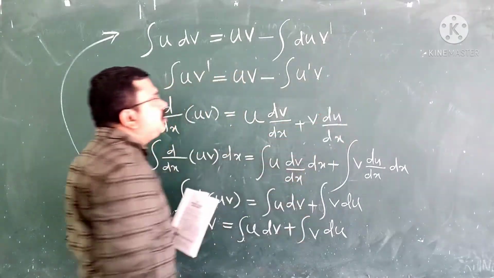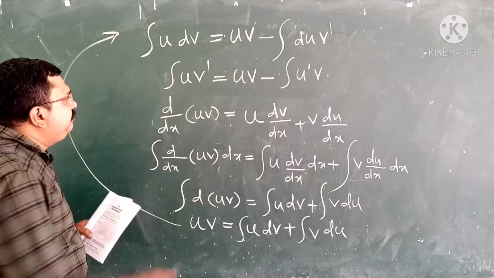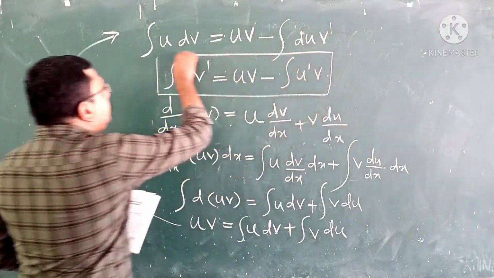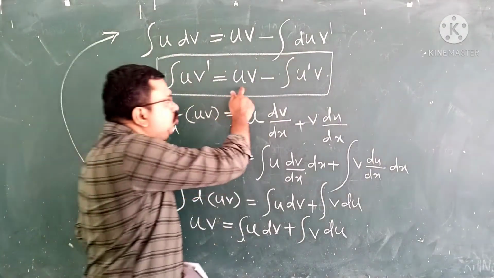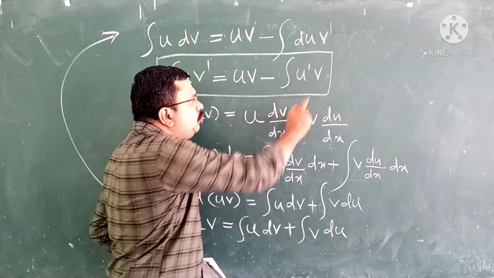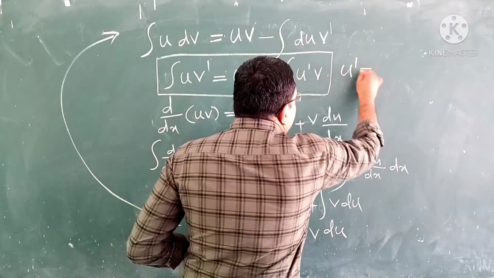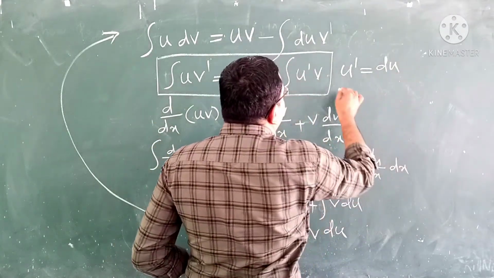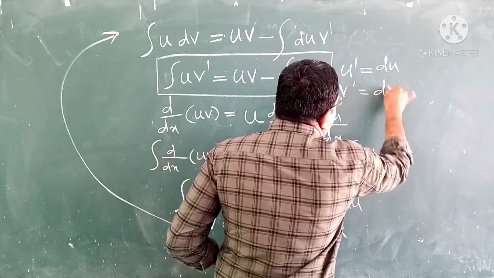Okay, integral of u dash v. This equation is very important. Integral of u v dash is equal to uv minus integral of u dash v. Remember that u dash is du and v dash is dv.